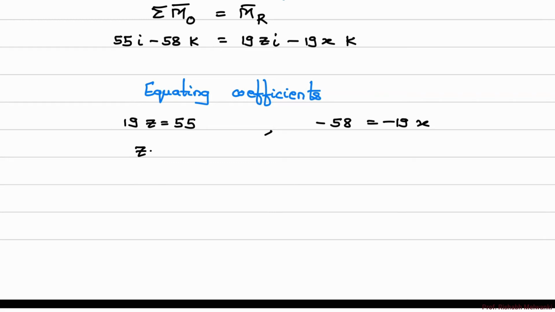So z is equal to 2.89 meter and x is equal to 3.05 meter.